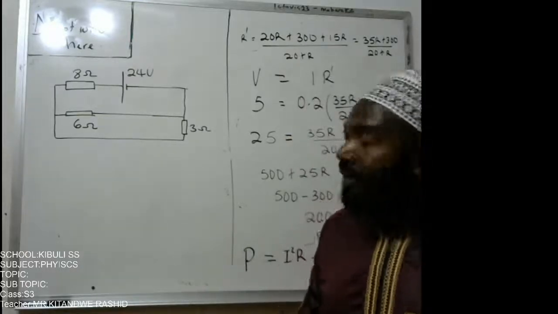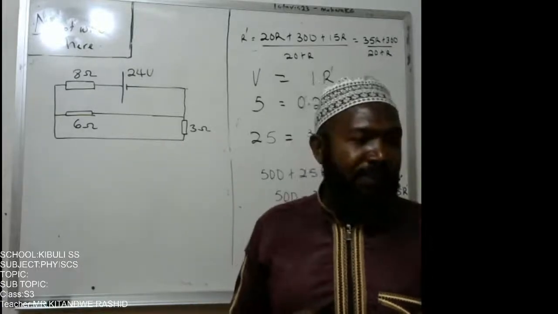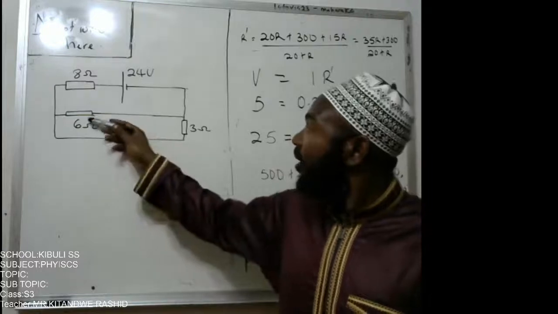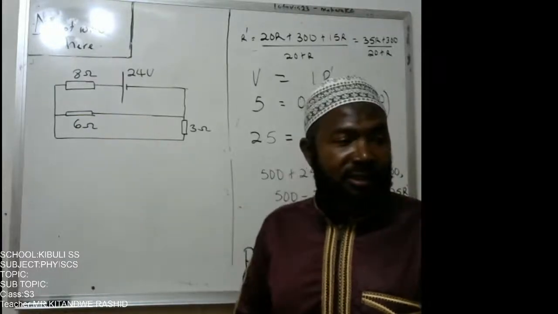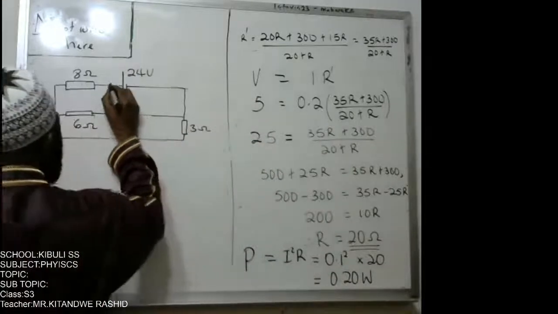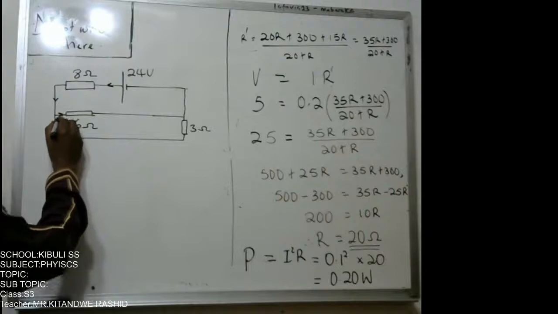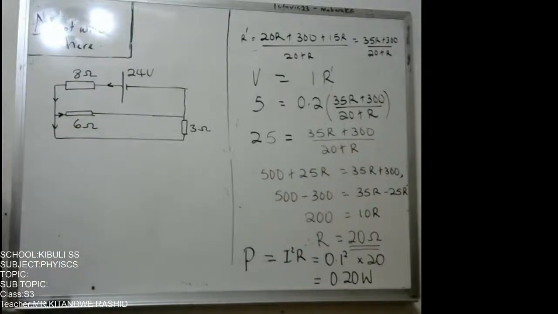Hoping that you have noticed that it is 6 and 3 that are in parallel. 8 is not in parallel, 8 is in series. Because the cell here supplies current. When current reaches here, that's when it subdivides. And in series, current must be the same.